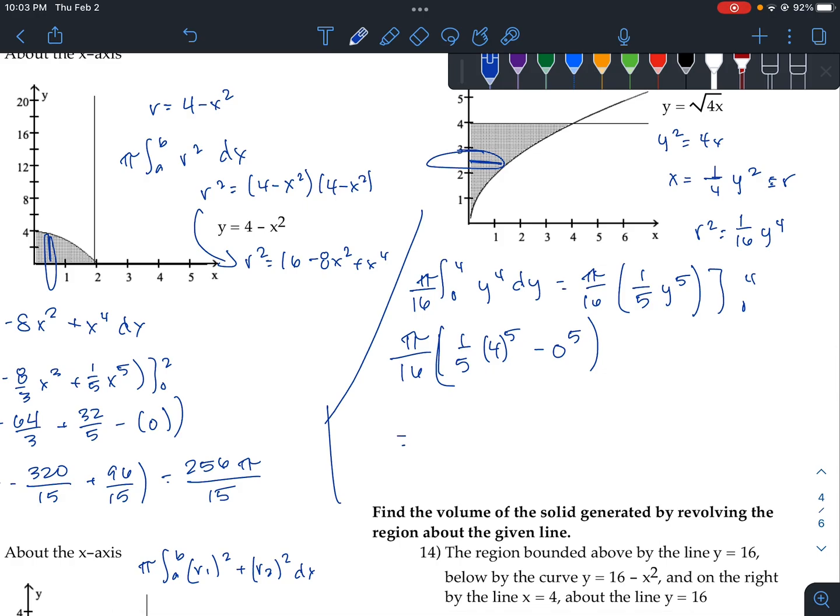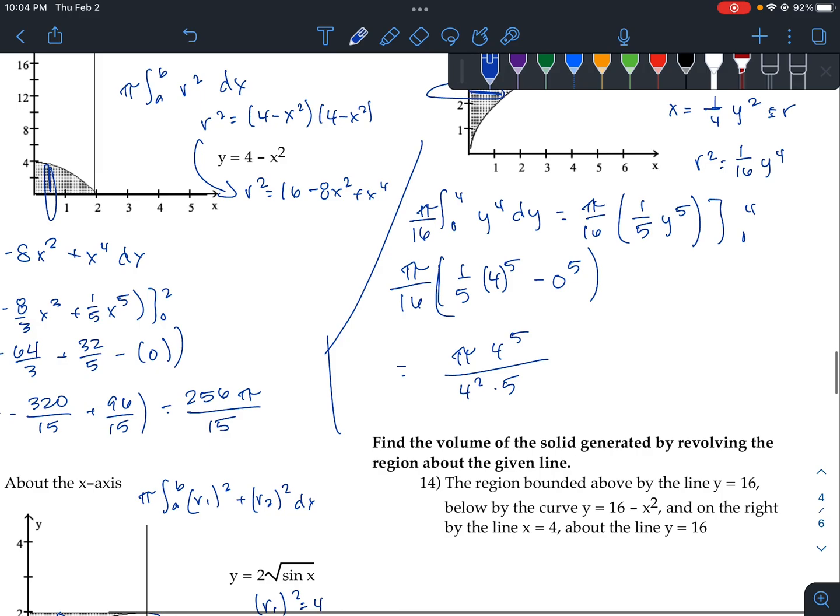So I should have pi 4 to the 5th divided by, now 16 is 4 squared, so I'm going to do that so I can simplify this. That's equal to 4 to the 3rd pi divided by 5. That's 64 pi divided by 5.